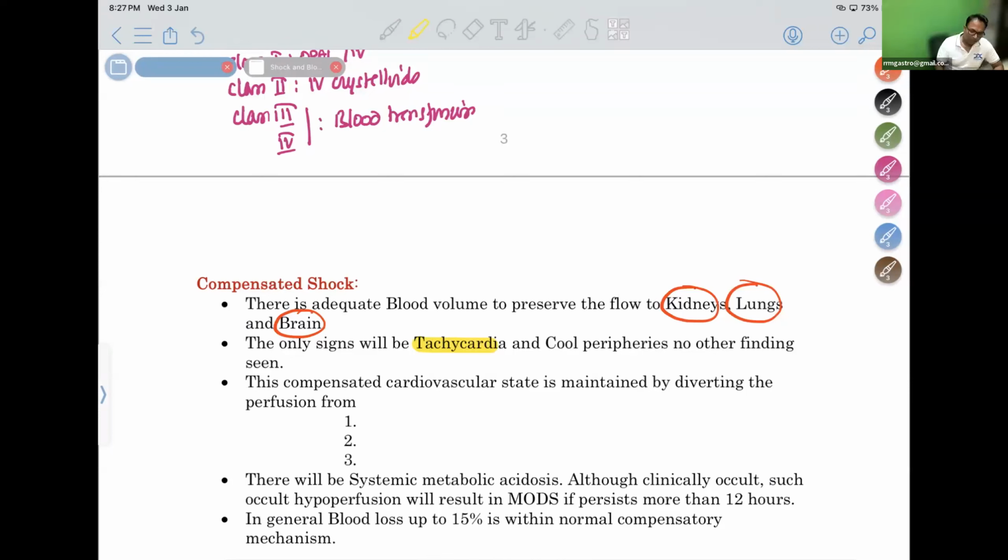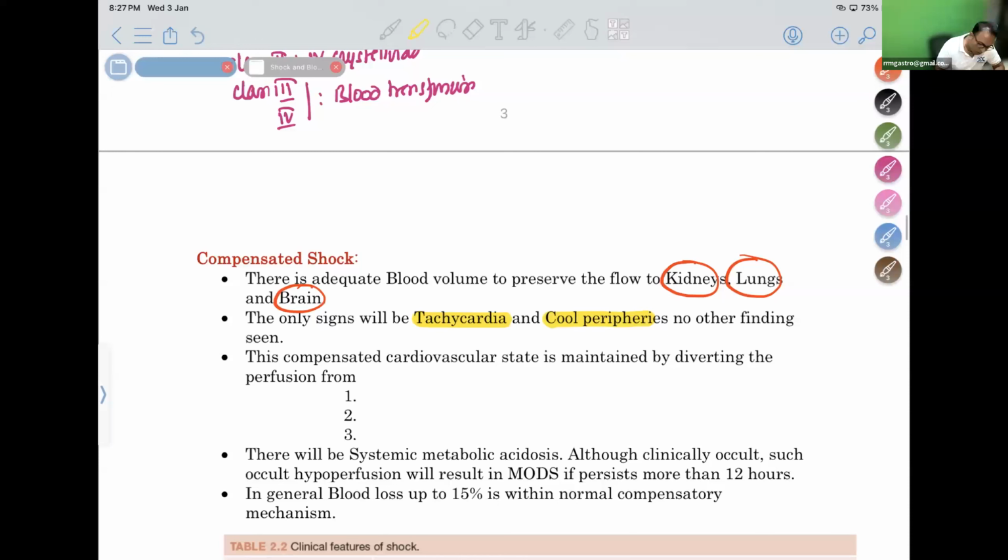So this is when the patient is, for example, in class 2 shock. Class 2 shock is a compensated shock. Your patient is getting compensated. Class 2 shock, blood loss is 15 to 30%, is called compensated shock.